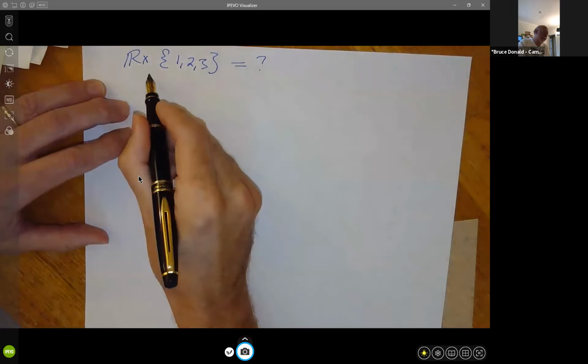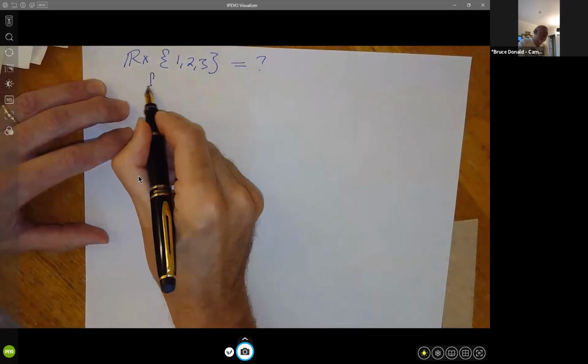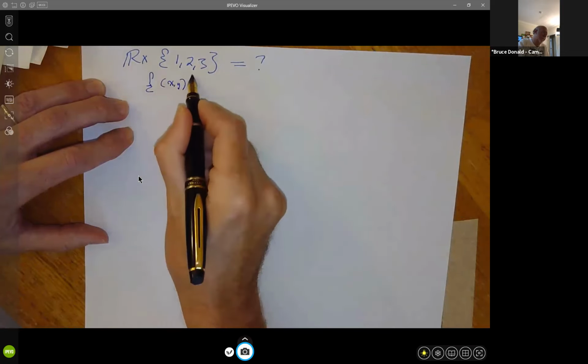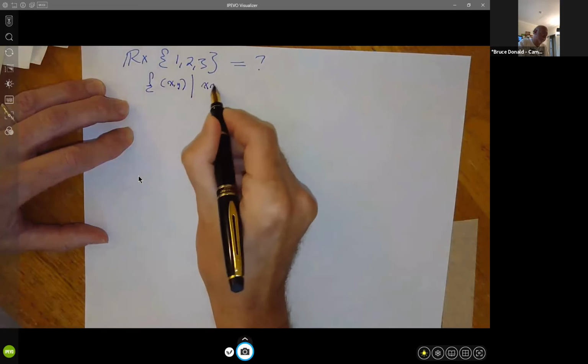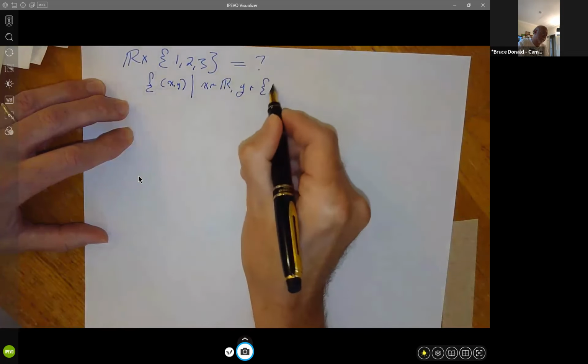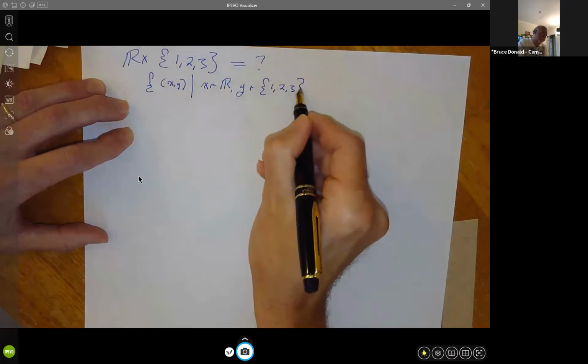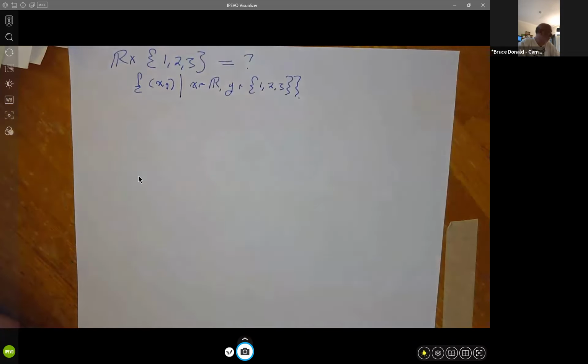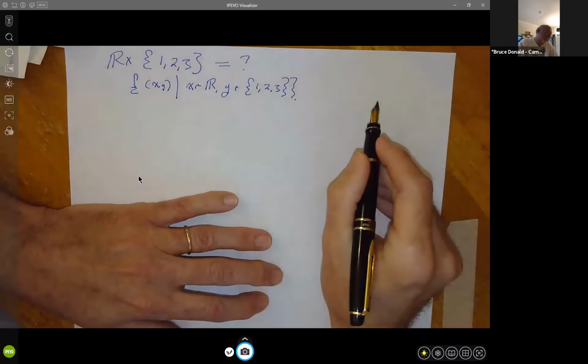Okay, we can write this out as... so what does this set look like if I illustrate it? Would it be just 3 horizontal lines on y is 1, 2, 3?